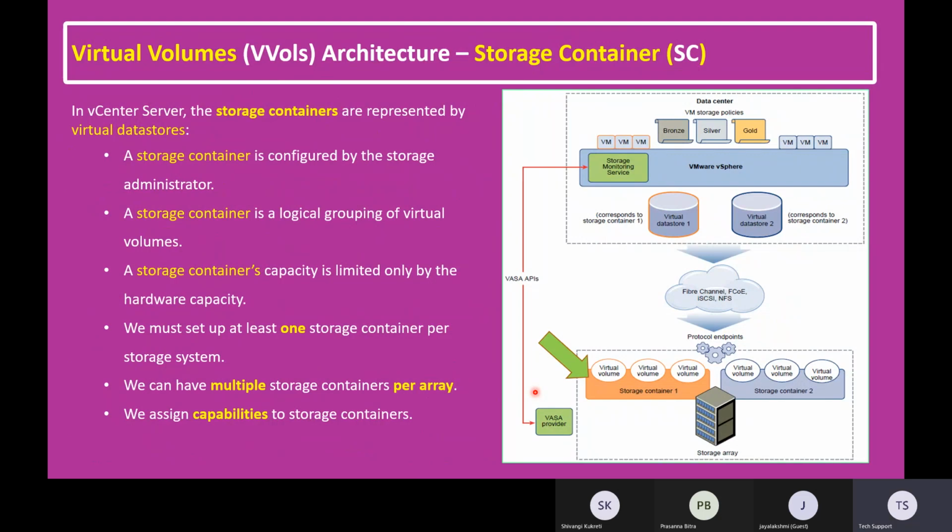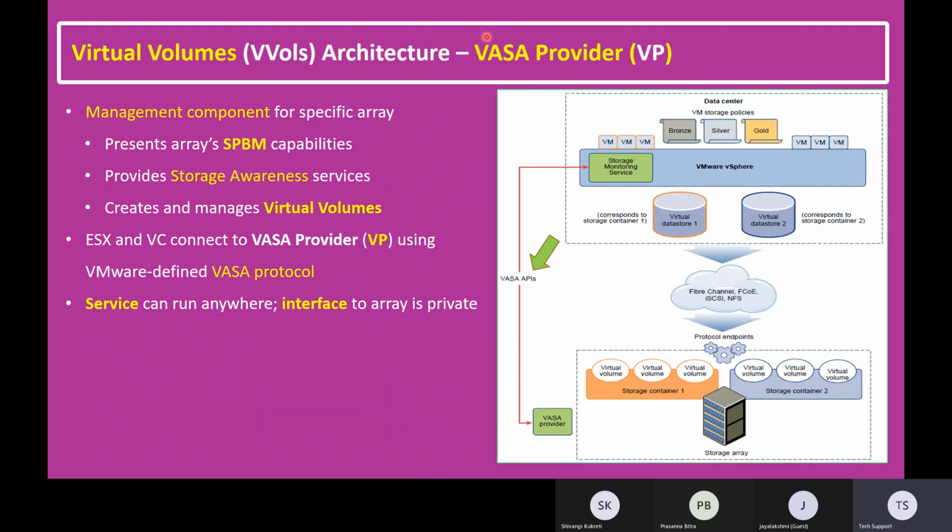Now we'll talk about another component in some more detail: the VASA provider. In our same logical conceptual diagram, the VASA API and VASA provider are highlighted here. The purpose of VASA is mainly as a management component for a specific array, meaning a storage array, and it presents the array's SPBM capabilities. SPBM means storage policy based management; it provides storage awareness services and is used to create and manage virtual machines.